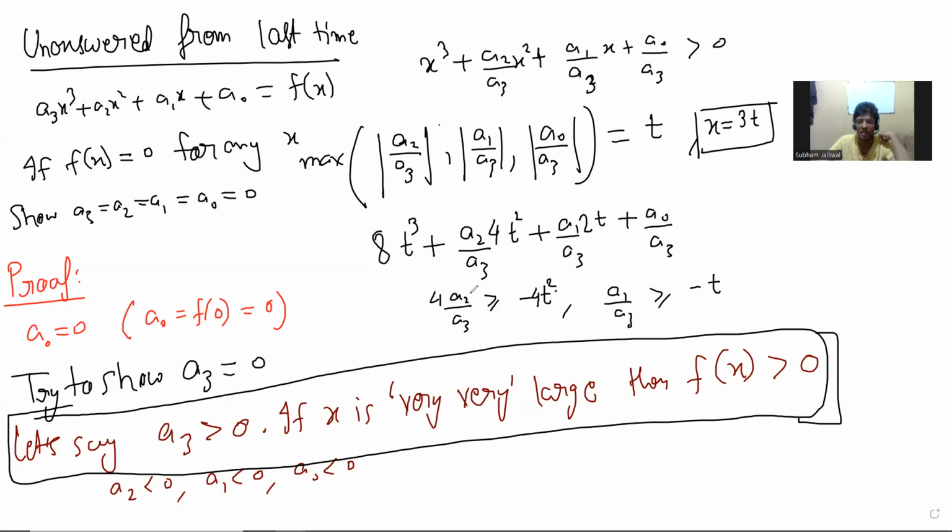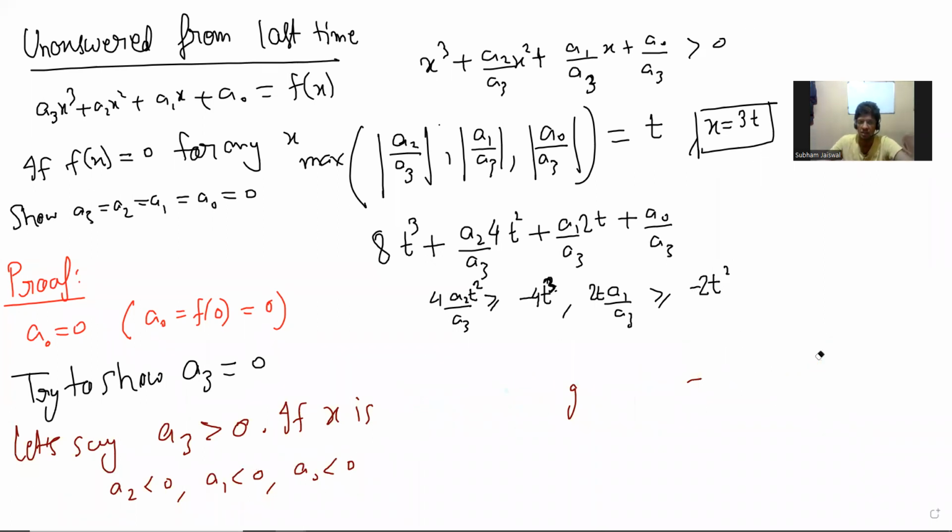Okay, so I am just making a mess. It's t square, I think. So this becomes t cube. Just simple things, just work it out. a1 by a3 is again bigger than minus t. So again, 2 times t of this is 2t square. Let's just write it, it's getting a little messy.